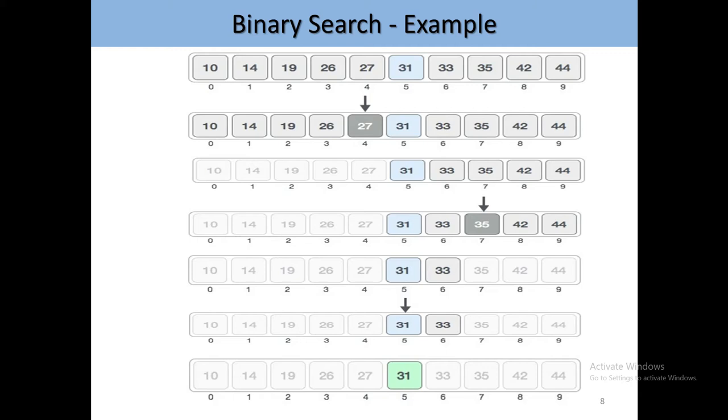Okay, and so on. So this process executes till we find the element. So at last here we have found this 31. So this is the example for binary search.